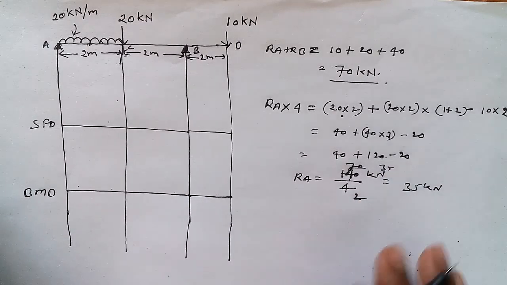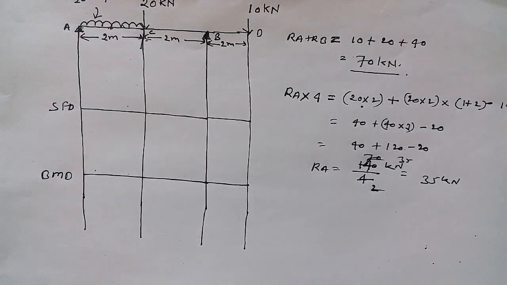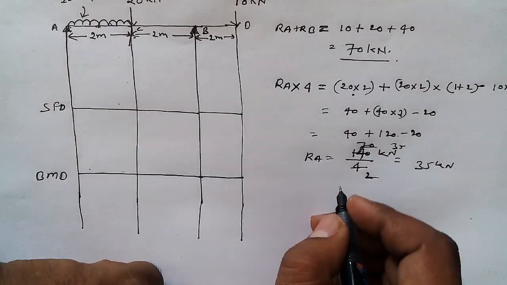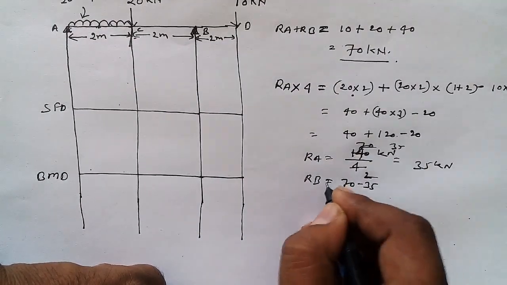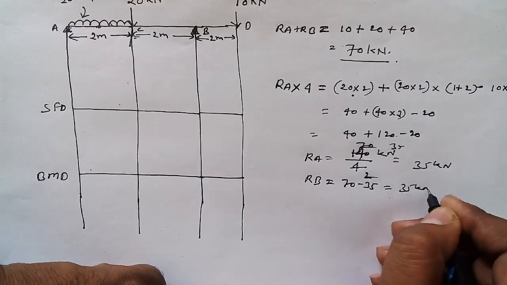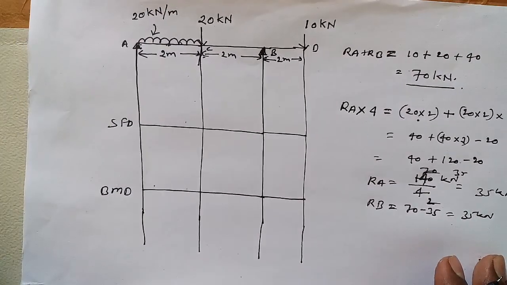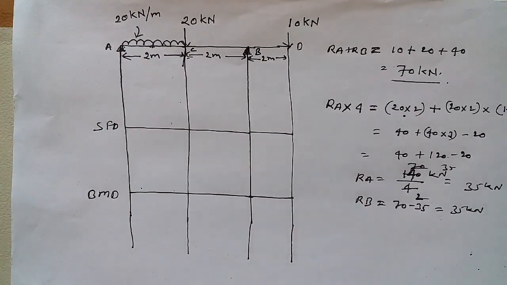So RA is 35 kilonewton. If RA is 35 kilonewton, then it is obvious RB is equal to 70 minus 35, which is 35 kilonewton. I hope you understand the solution I have just found.